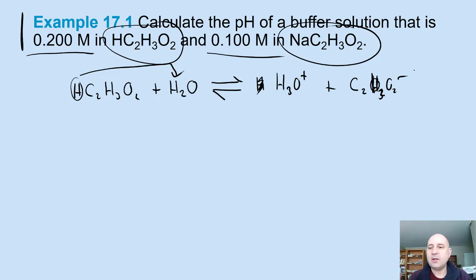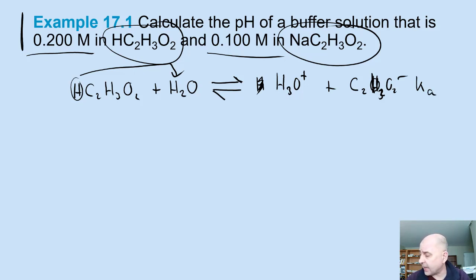And so that acts as a base. So we know because of this arrow here that this is not a reaction that goes to completion. We still have acetic acid and acetate and all of those reactants and products present in certain concentrations. So we give this an equilibrium constant, and because this is an acid equilibrium, we give that a Ka.